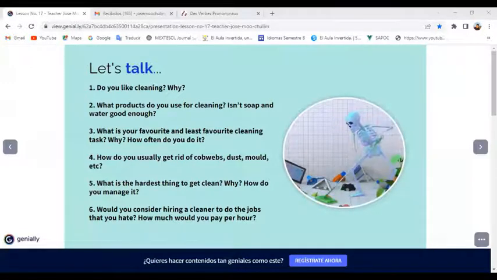I think it's more difficult. Okay. And how often do you sweep your house? Maybe once or twice per week. Once or twice per week. Okay. Why don't you like mopping?